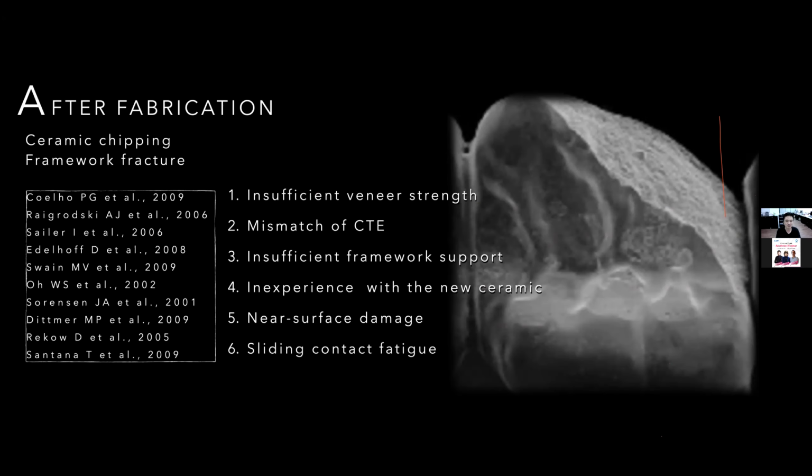Because zirconia is a very new material, just these 20 years, but metal ceramic is over 60 years. And the 5th and 6th points are about adjusting the occlusion in the patient's mouth. Some is near-surface damage when they adjust it or the patient bites it, and sliding contact fatigue. This is in the patient, but points 1 to 4 are about the dentist and the dental technician. So we must think how to improve this problem.